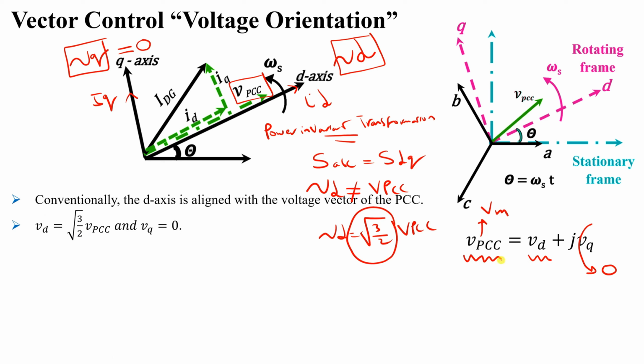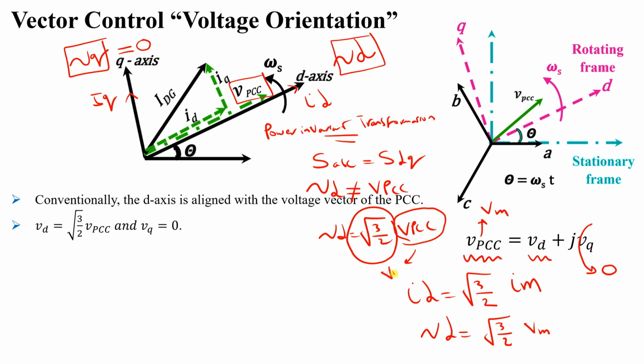And similar to ID in the example, where ID was equal to root 3 over 2 I max, here VD will be equal to root 3 over 2 V max. So the VPCC which I'm talking about here is the maximum value, or peak phase value, at the point of common coupling.